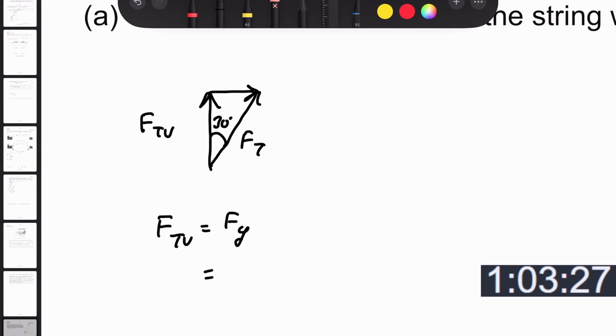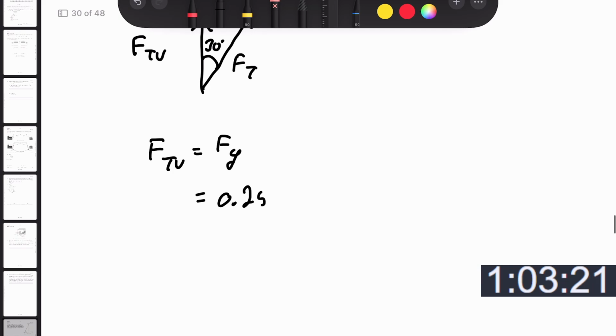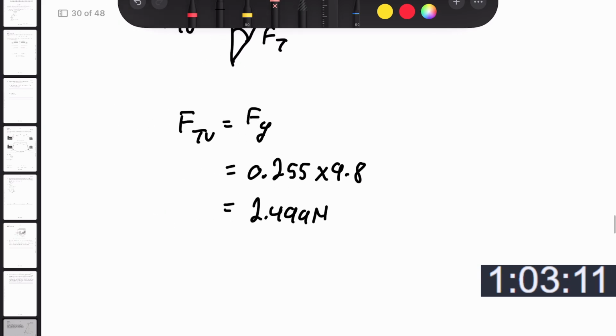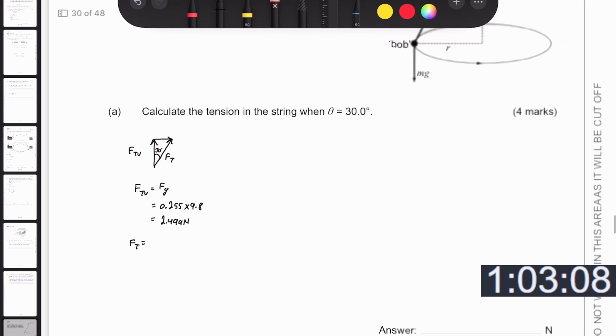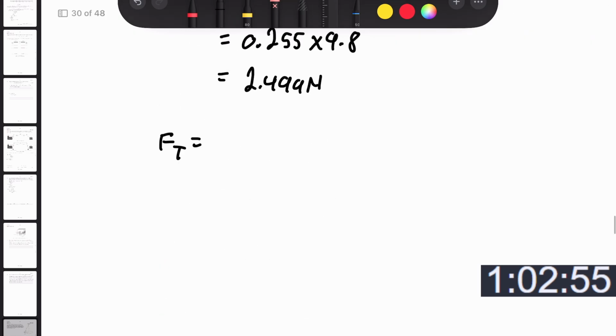So this is going to be 255 times 9.8, which is 2.499 newtons. And the force of tension is going to be 2.499 all over cosine of 30.